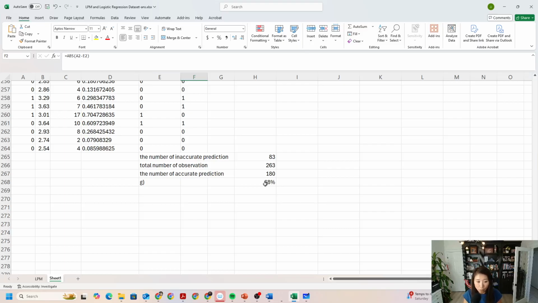So hopefully this will help you understand how we measure the goodness of fit for logistic regression. We are not using the R-squared we saw in the linear regression model; instead we are calculating what is called the accuracy rate. So the number of data points predicted correctly divided by the number of observations you have. Again, in this logistic regression model, the accuracy rate is 68%.